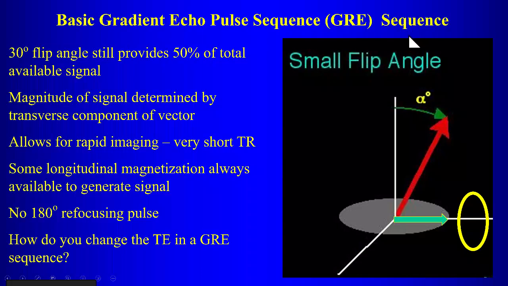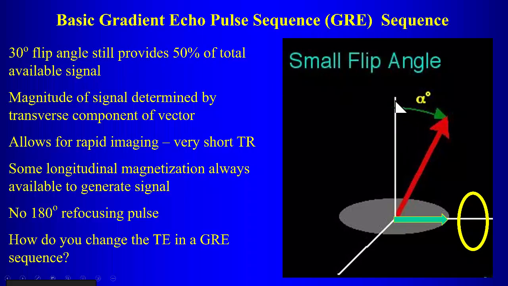So far we've talked about spin echo imaging. There's another type of image sequence, and this is called gradient echo sequences. And so instead of flipping it 90 degrees, we do partial flip angle, less than 90 degrees, right? Remember, it's the transverse component of that net longitudinal magnetization that's responsible for the signal.